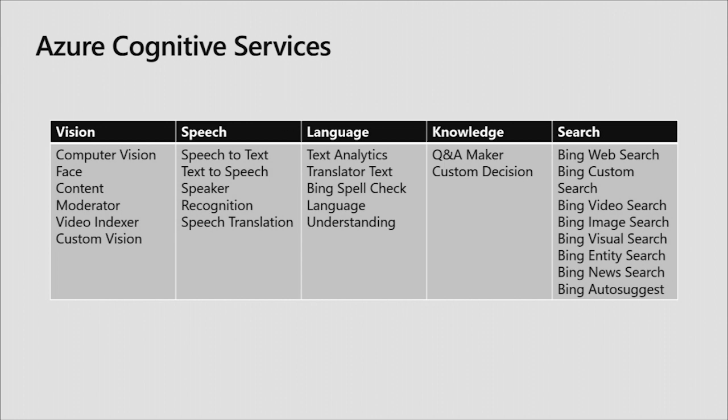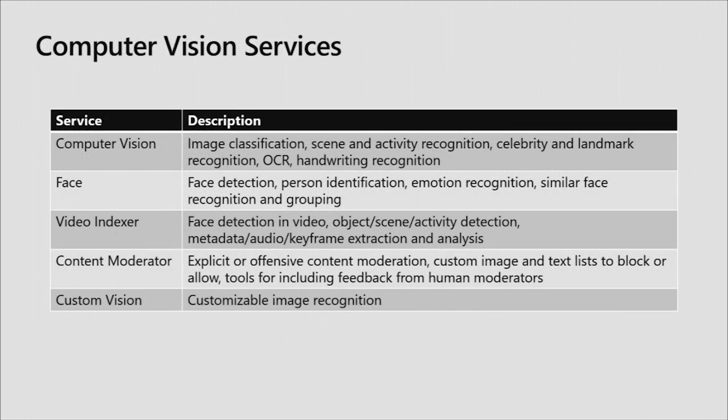There are also other services like video analysis, content moderation, and custom vision. Custom vision is also an interesting thing because you can practically train computer vision services to recognize your own objects.